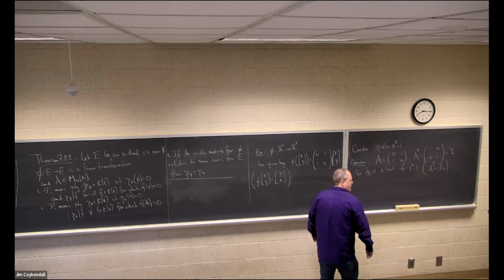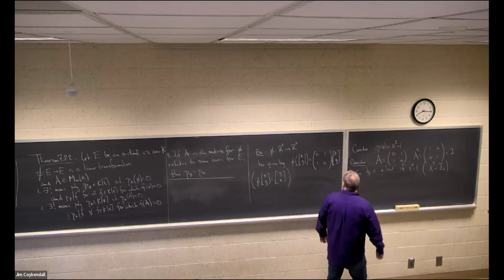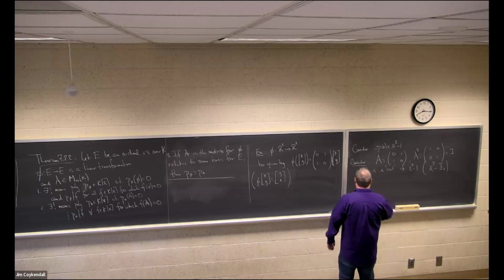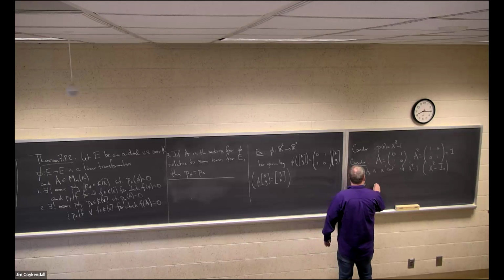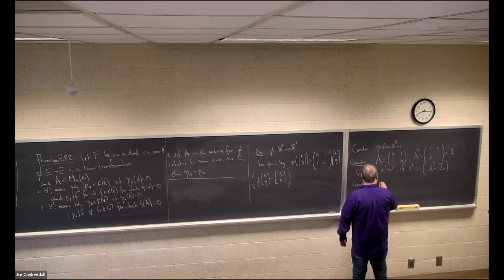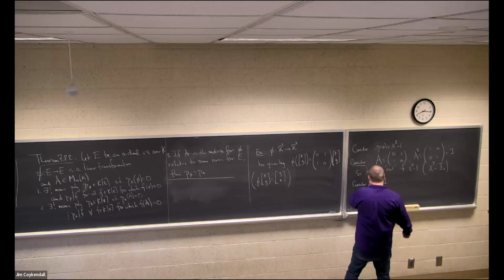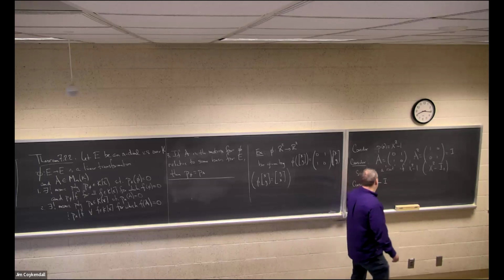What about phi? Well, what if we consider this transformation phi squared minus the identity? What does this do to (x, y)?